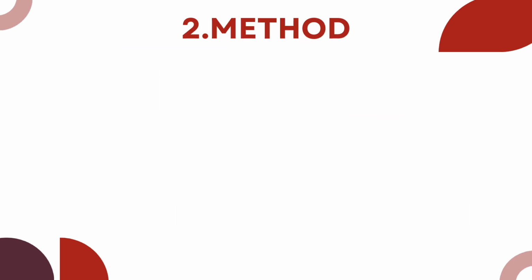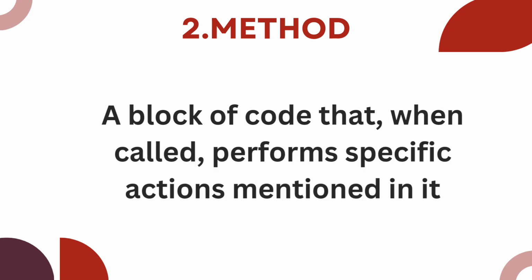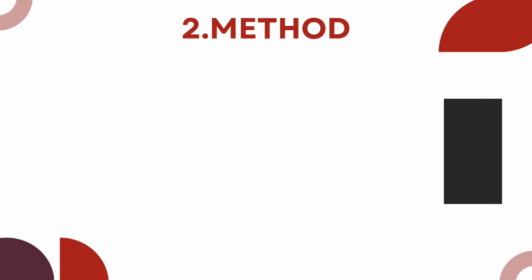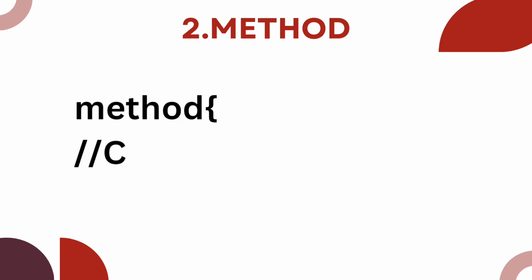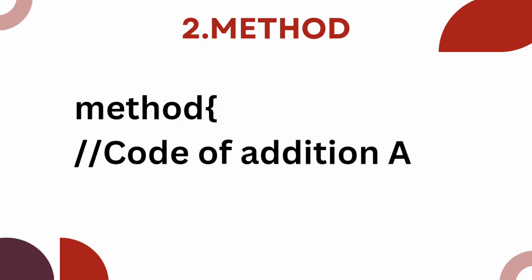The next one is method. A method is the definition of a function. For example, if you are going to perform an addition operation, you have to take two variables, add them, and write code for that.